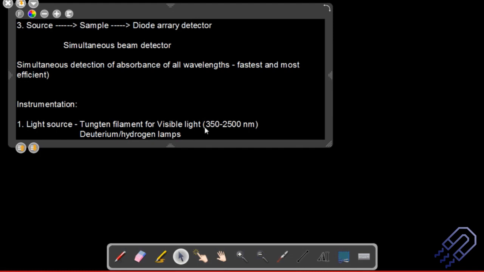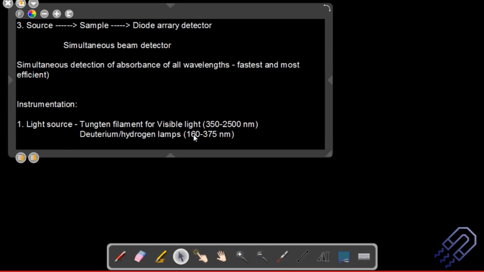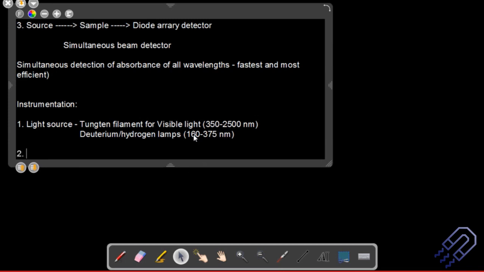But if you give more temperature to it, it can also go into the near infrared range. So this same tungsten filament can also be used to generate the IR range, but usually it's not done. The IR is usually a separate device. And then 160 to 375 will be the wavelength range for the UV light source. You have to remember this.